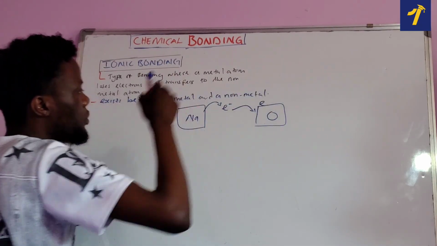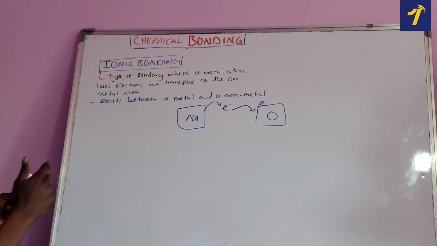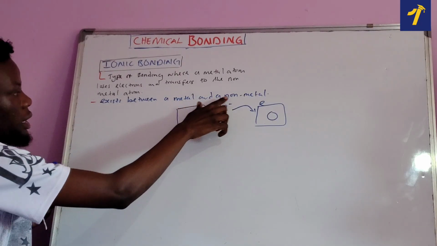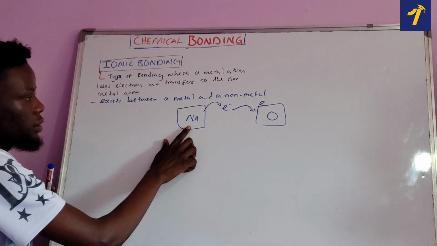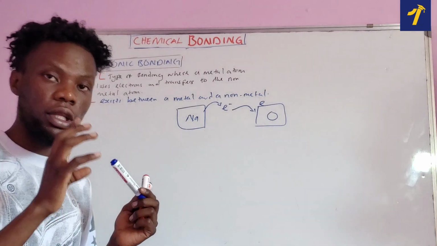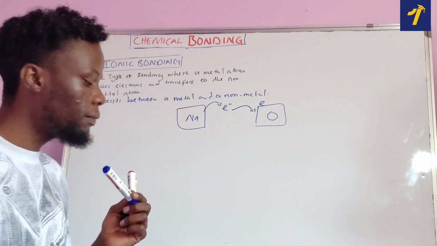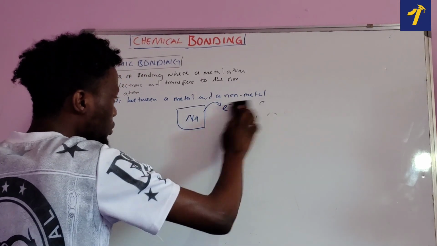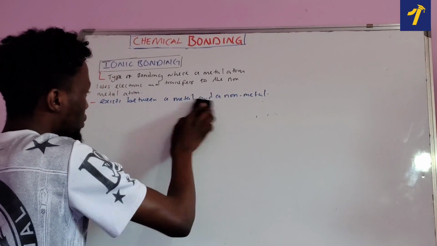Take note of this point. So ionic bonding exists between a metal and a non-metal. As you can see, this is a metal and that is a non-metal. Always make sure that you know that. That's all about ionic bonding.